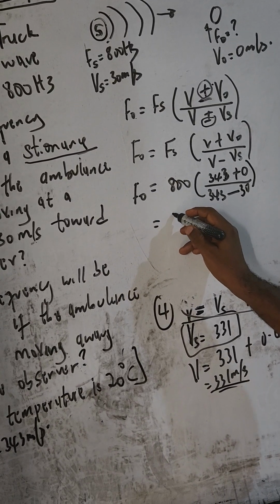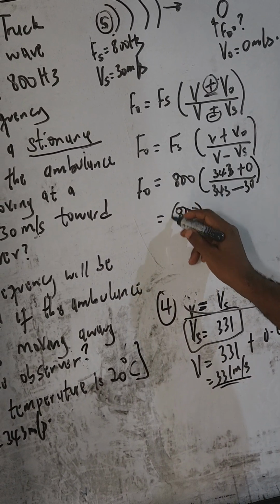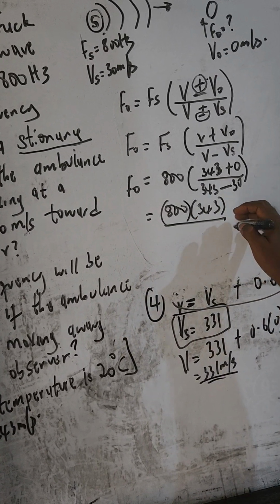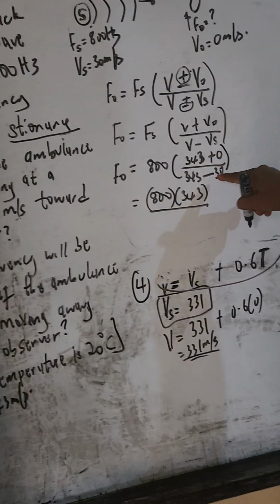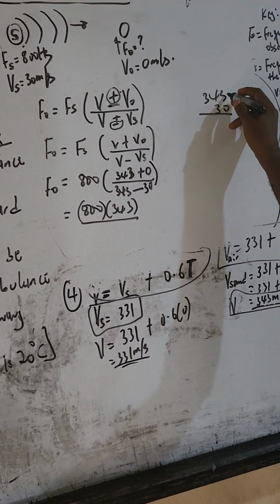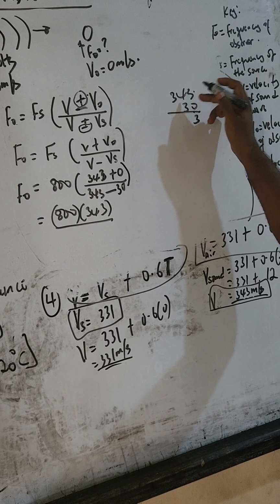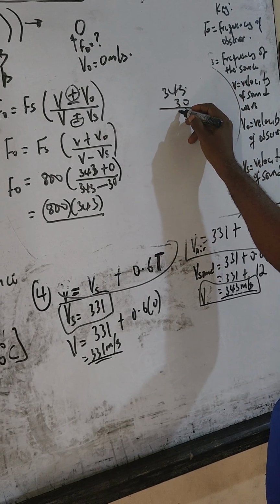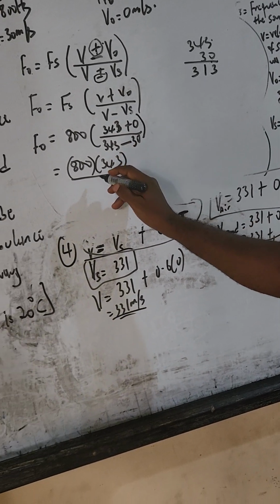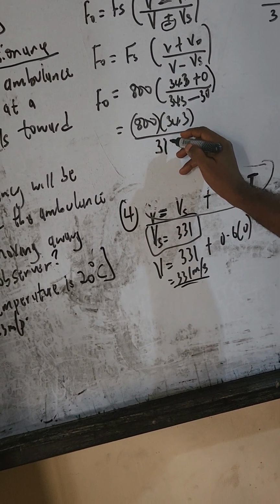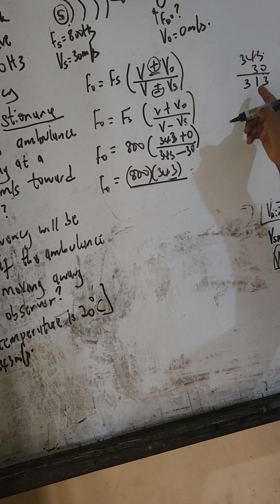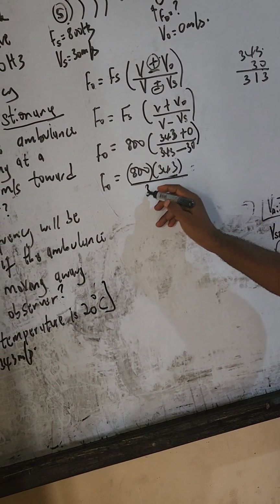So I'm going to have 800 times 343 divided by 343 take away 30, 343 minus 30. We have 3, 4 take away 3, that's 1. Then I have 313. So 343 take away 30, like I said, is 313 down.